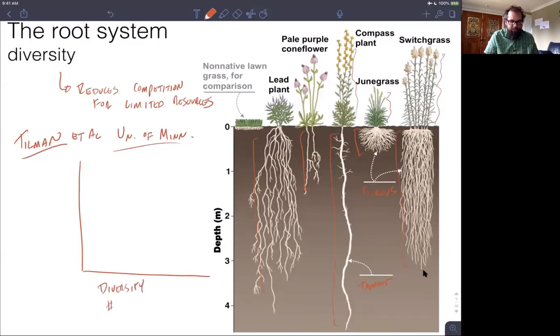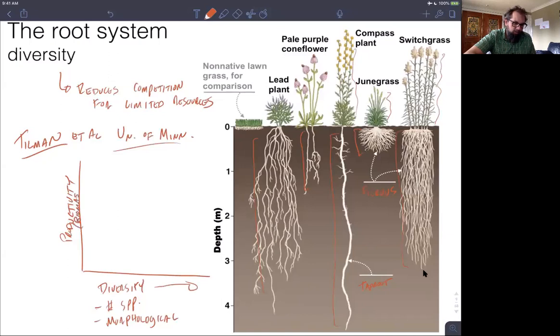You could think of this diversity as total number of species, or morphological diversity. And those two oftentimes will go hand in hand, right? We have a lot of different species, we have a lot of different morphologies. As diversity increases on the x-axis here, on the y-axis we can look at productivity in the system, and productivity is typically measured by biomass.